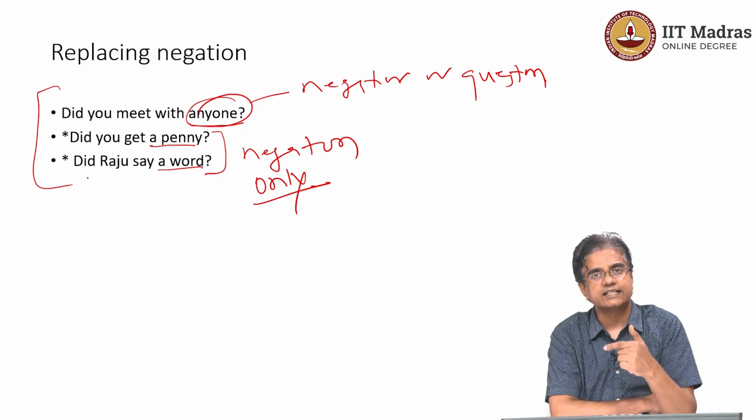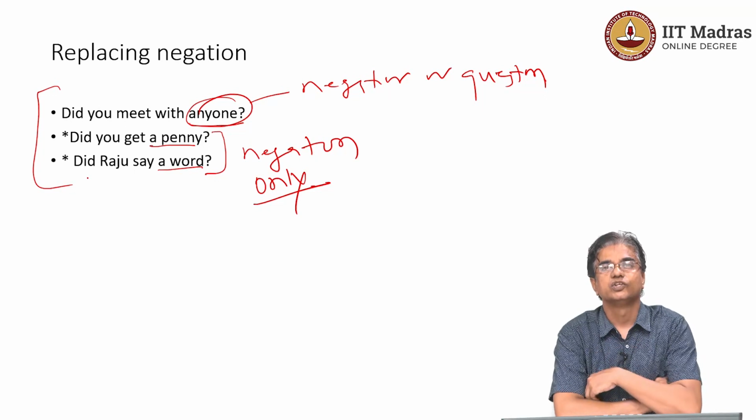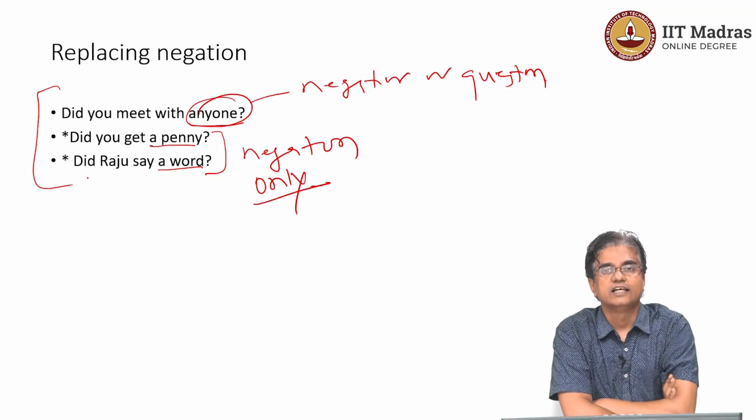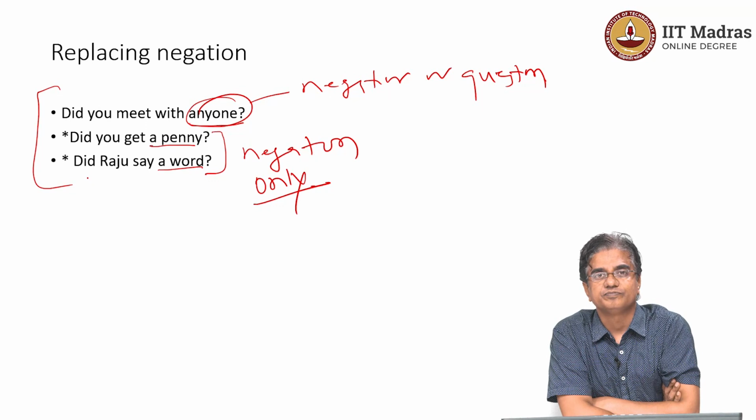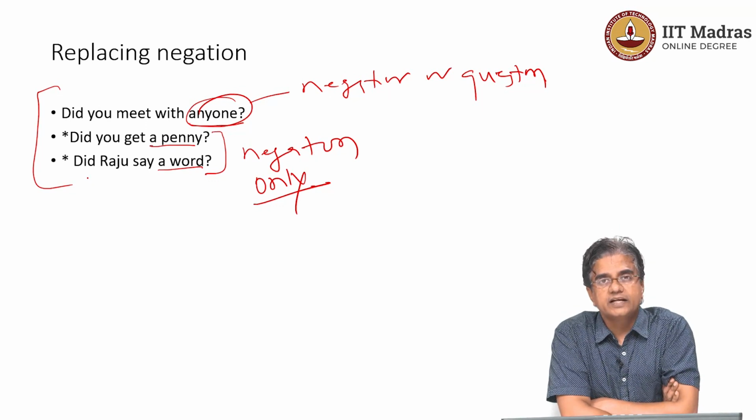Now, as I mentioned in the beginning, I invite you to pay attention to these kinds of elements in the languages that you speak. Make a list of those elements.